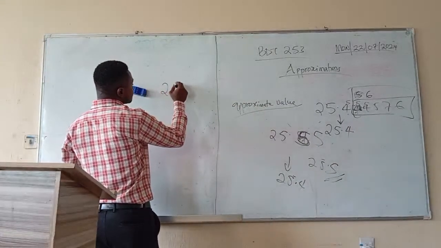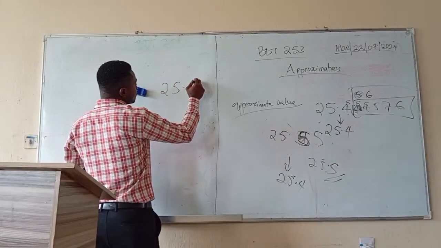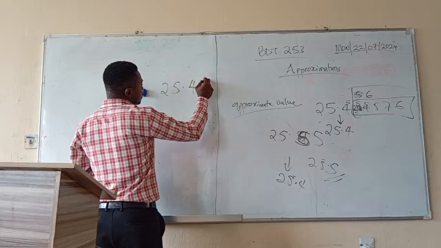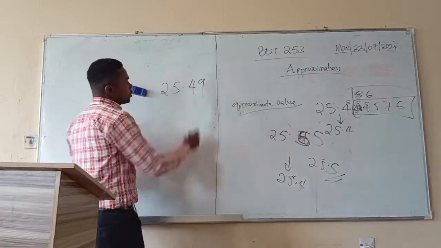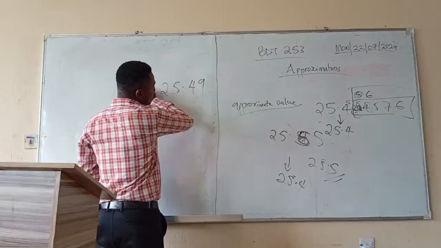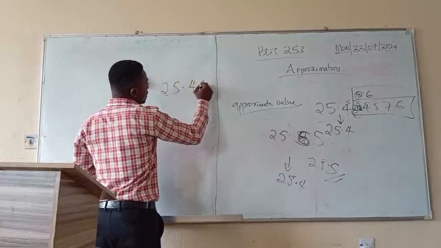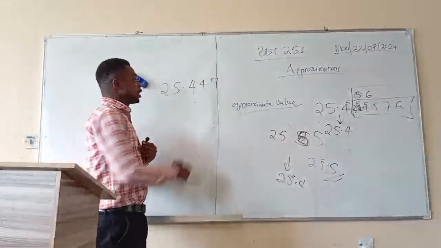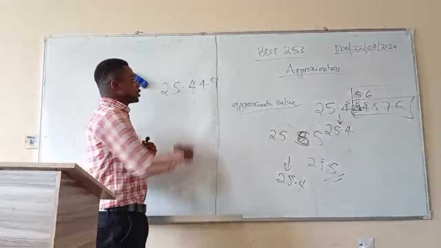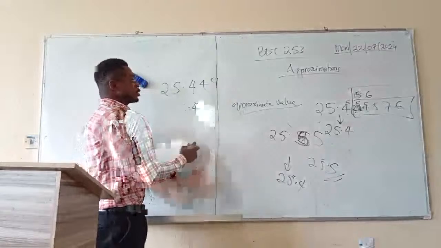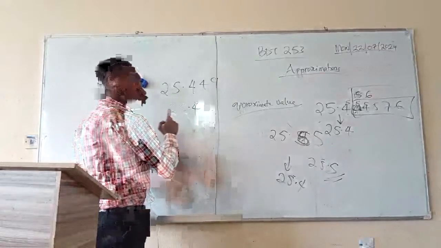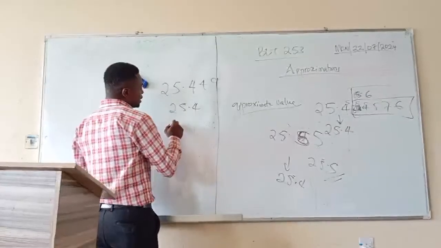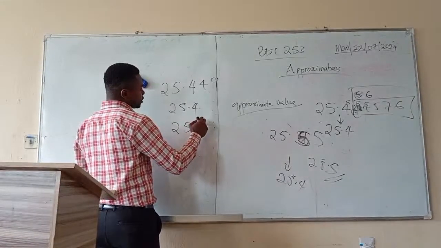Something like 25.49 to 25.449. Is that what you mean? Yes. No, to one decimal place. That is not 25.5. Why?